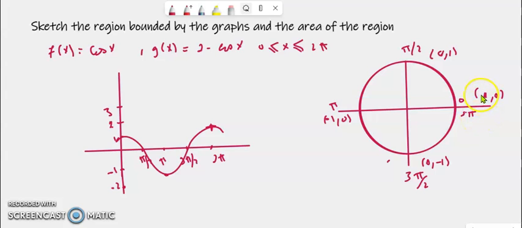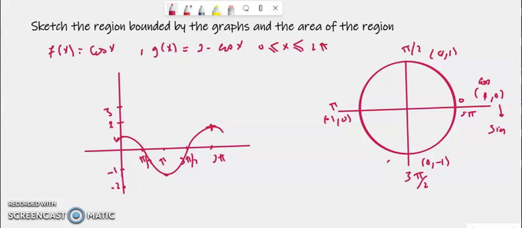Then we have values here: 1, 0, 0, 1, minus 1, 0, and 0, minus 1. The first one is for the cosine, and the second one is for the sine.